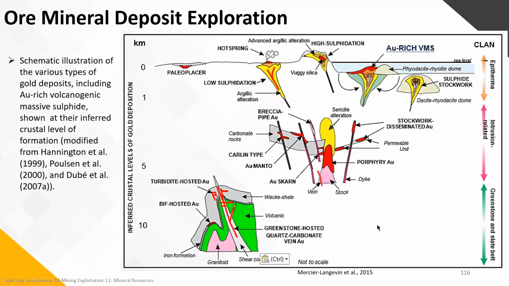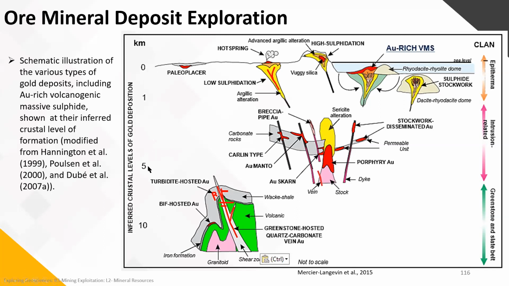This is the summary of all that we've seen today. This is the figure that we use all the time, depending on which type of mineral deposit we are searching for and where we are in the field, where we are at depth. If we are working at the surface, we're searching for paleoplacers.